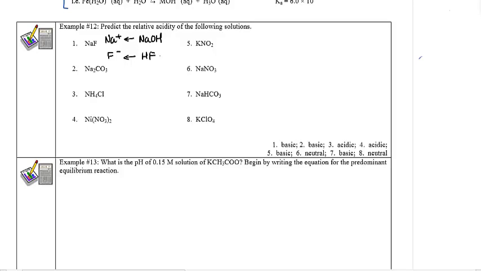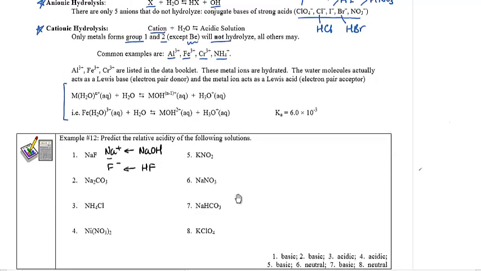From our work, we know that sodium hydroxide is a strong base, and therefore the conjugate of that strong base, in this case Na, is going to have no desire to want to further react. Another way of analyzing this is that the sodium ion comes from group 1, and as we just talked about above, metal ions from group 1 will not hydrolyze.